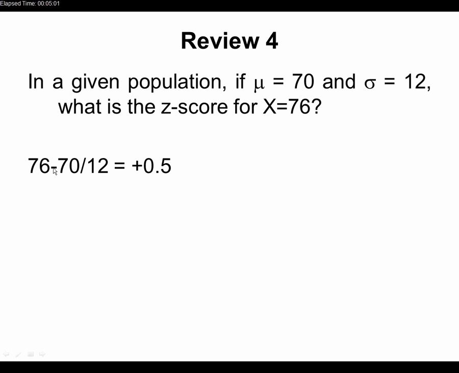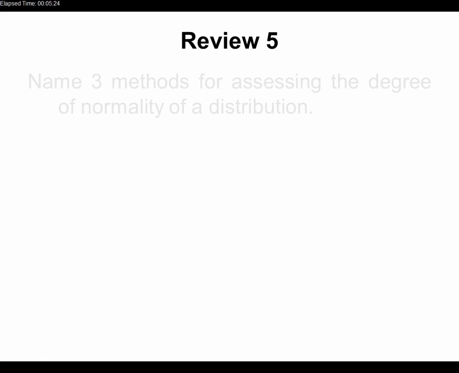So we take 76, which is the x score, and we deduct the mean. That's the same, but instead of dividing it by the number that we did in the last slide, we now divide it by the new standard deviation of 12, and we come up with a z-score of 0.5. That's right. Let's go on to review number 5.